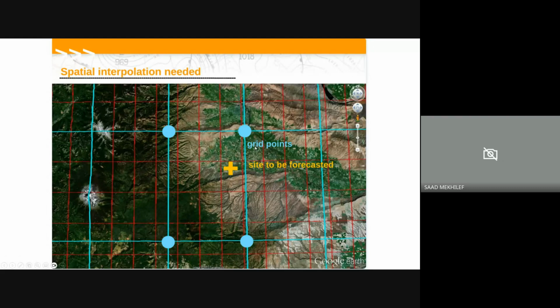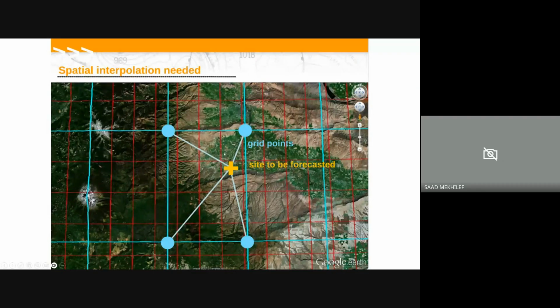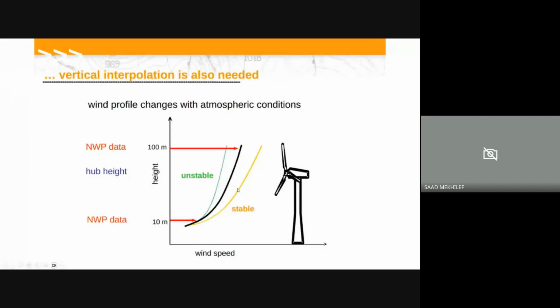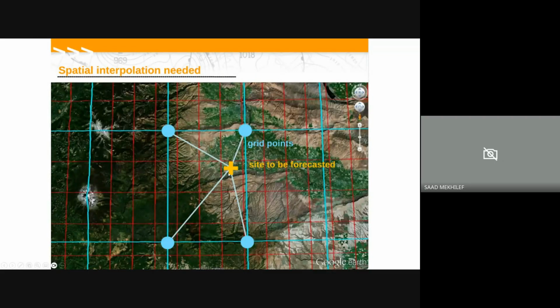As I mentioned before, the grid points are very important, and this is the site to be forecasted. So we select the site and look at the distance for grid connections, because defining the site has to be based not only on the wind speed, as I mentioned before, but also on the grid and the load.